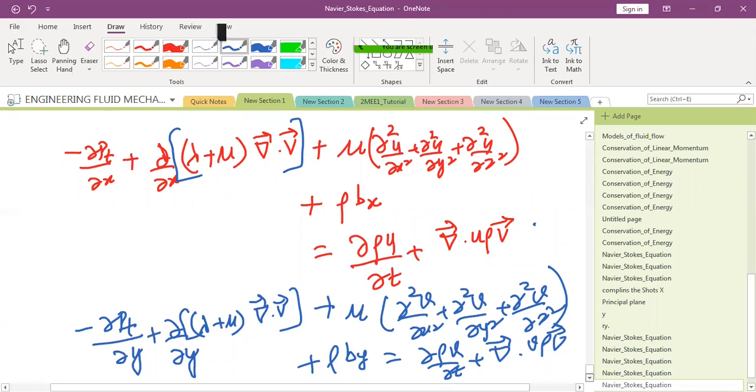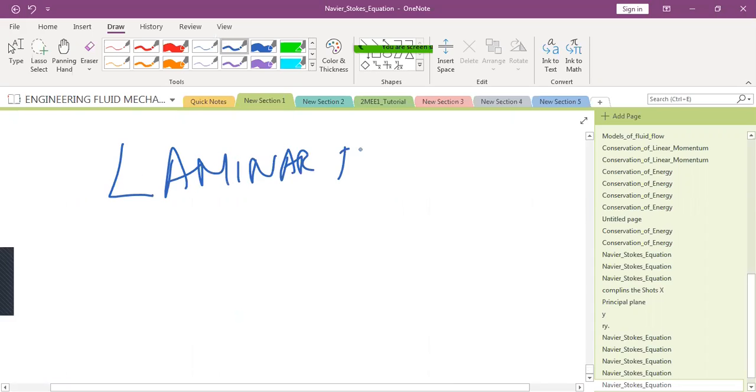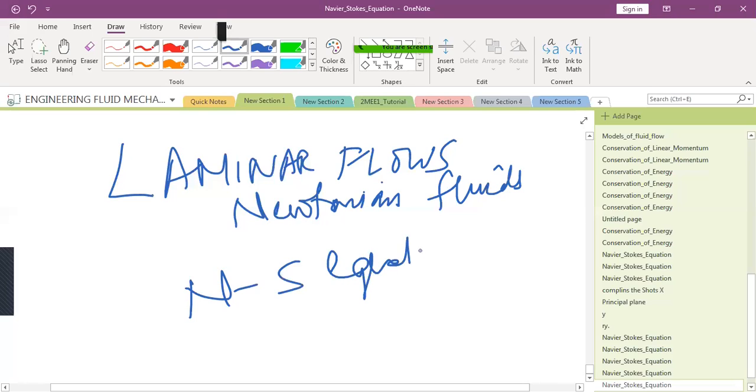So please remember, as far as laminar flows for Newtonian fluids are concerned, and that is the most popular thing in your engineering, the Navier-Stokes equation is the ultimate equation.